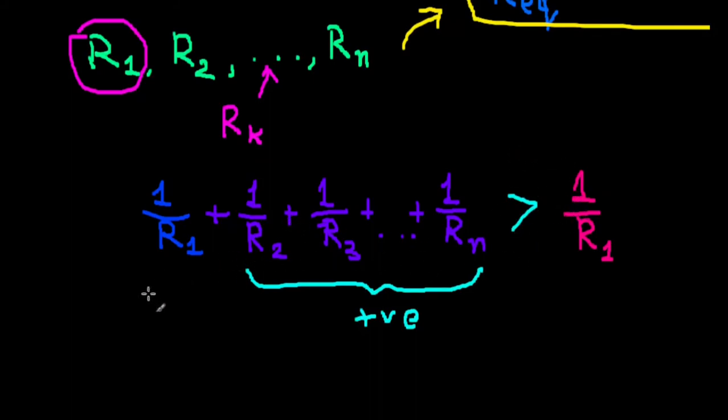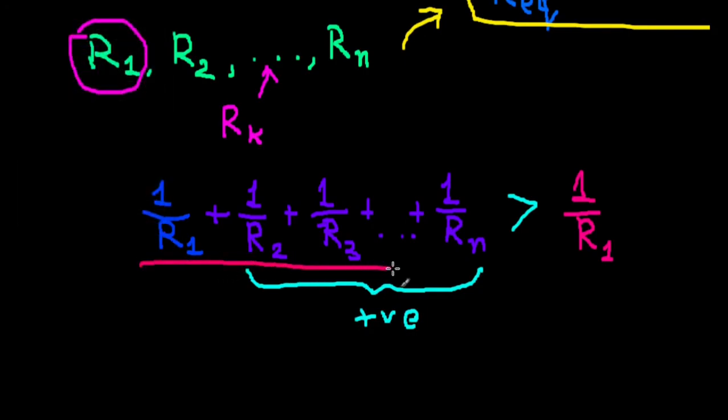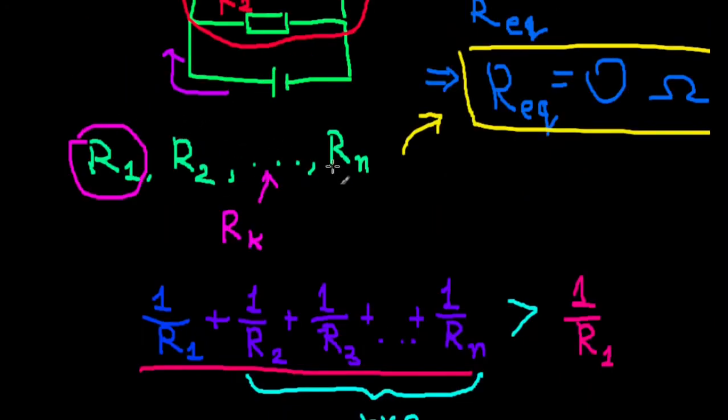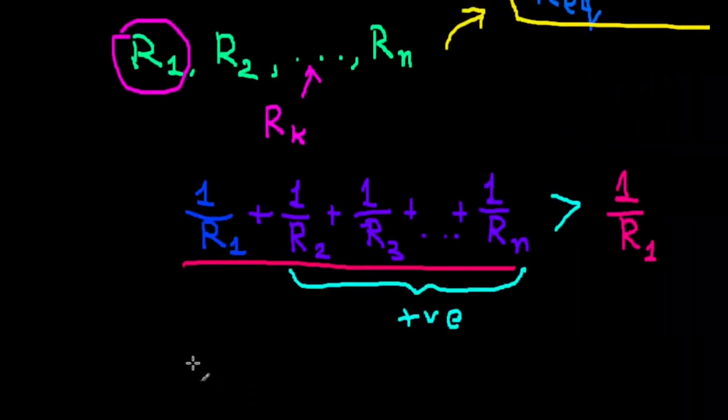That much is clear. Now, does the left hand side look familiar? We have n resistors in parallel, and the sum of the reciprocals, as we know, is the reciprocal of the equivalent resistance, right?